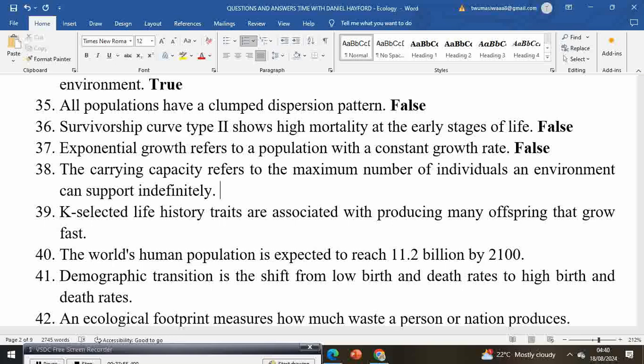Every environment has its carrying capacity, the maximum number of organisms that it can really support. So number 38, we will say it is true.